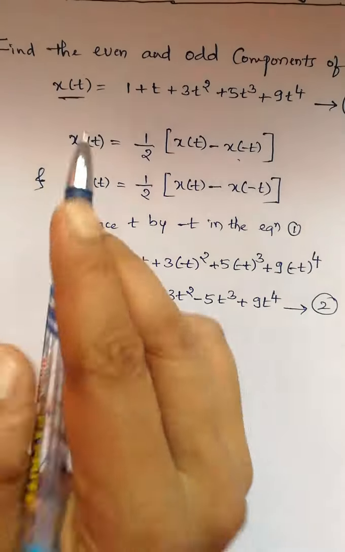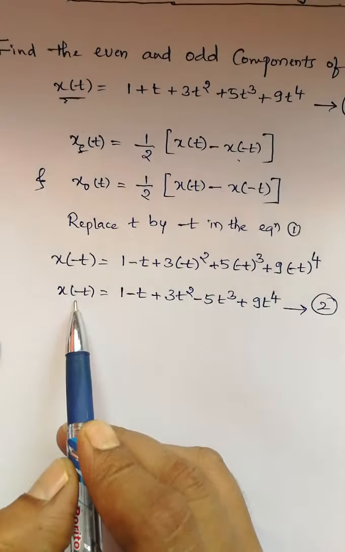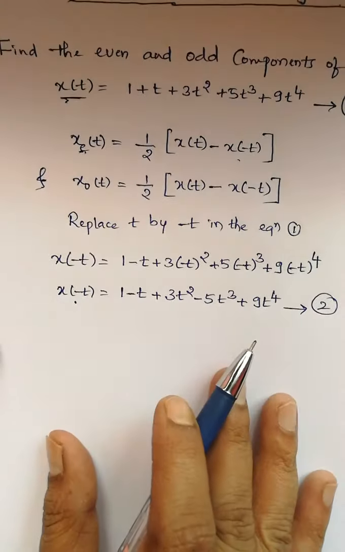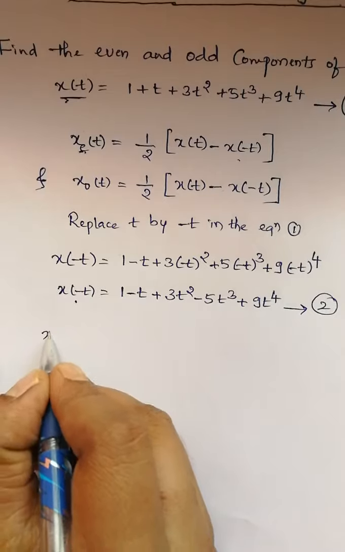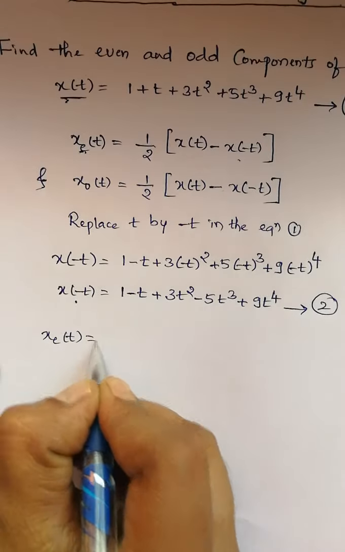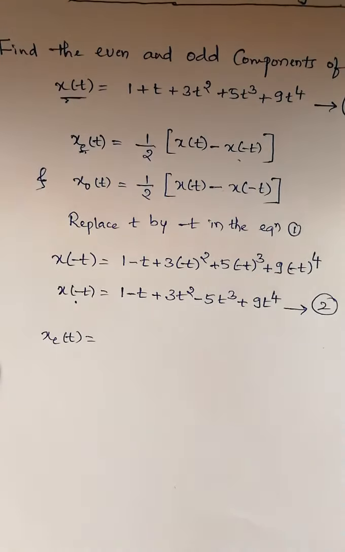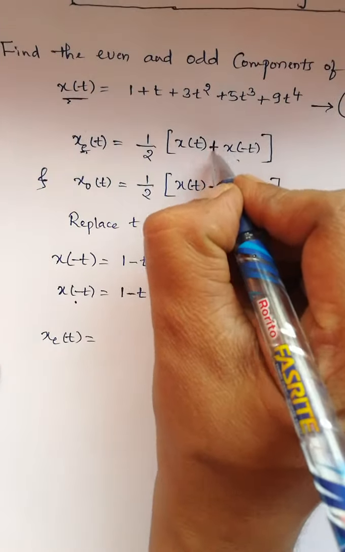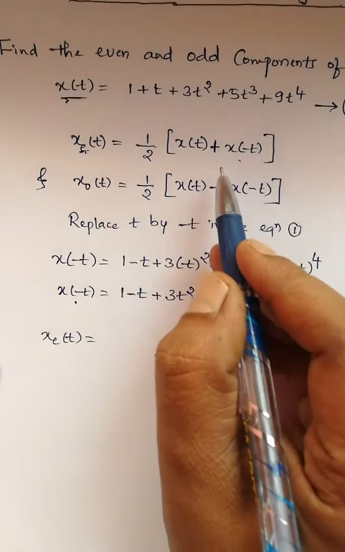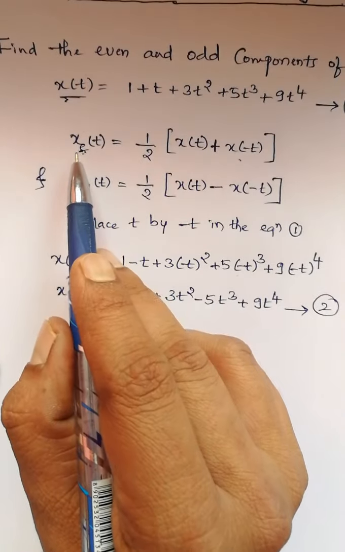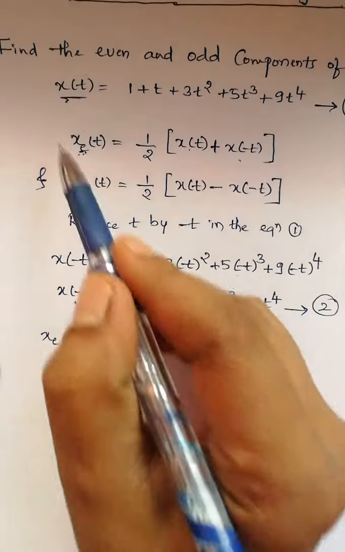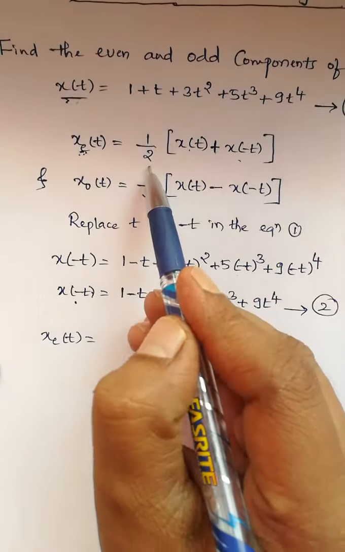Let us substitute x of t and x of minus t, that is equations 1 and 2, in the even component equation. Then xe of t is equal to 1 by 2 times x of t plus x of minus t, so we have to add these two things and divide by 2.